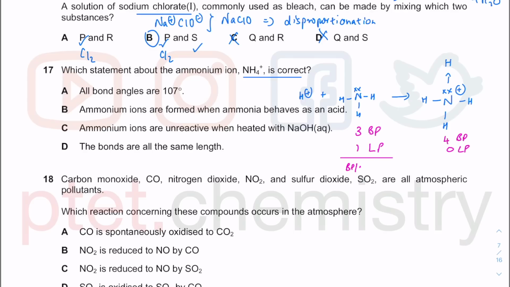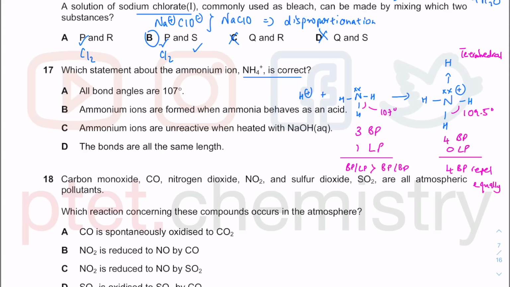The presence of 1 lone pair will repel more than the bond pair, whereas when you have no lone pair, the 4 bond pairs will repel equally. And as such, this is going to be trigonal pyramidal, 107 degrees, and this is going to be 109.5 degrees. It's actually tetrahedral.